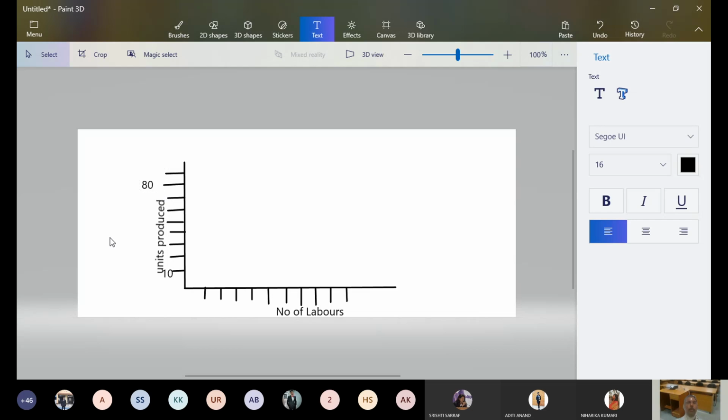Now there is no problem in plotting the graph. How do we plot the graph? Anyone can help us? Pick up any number from the total production. Anyone can help us how to plot the graph?